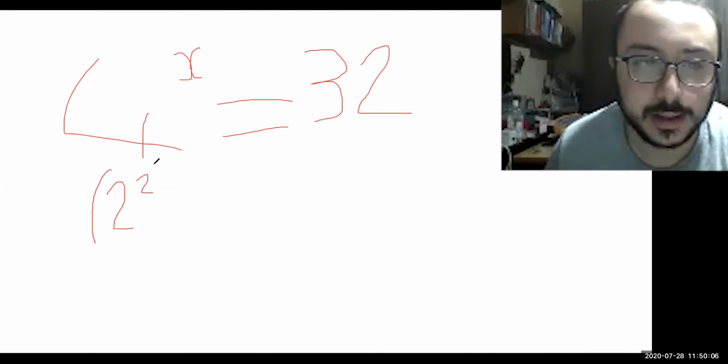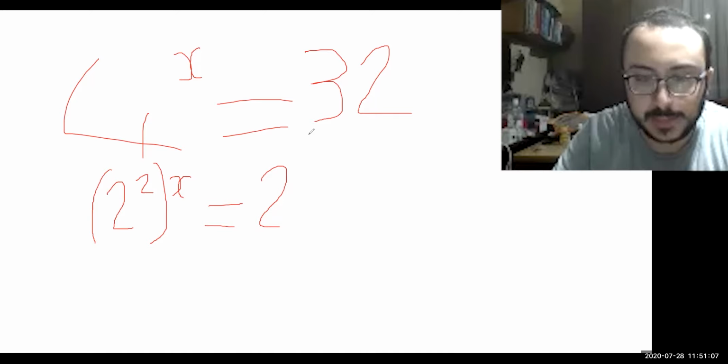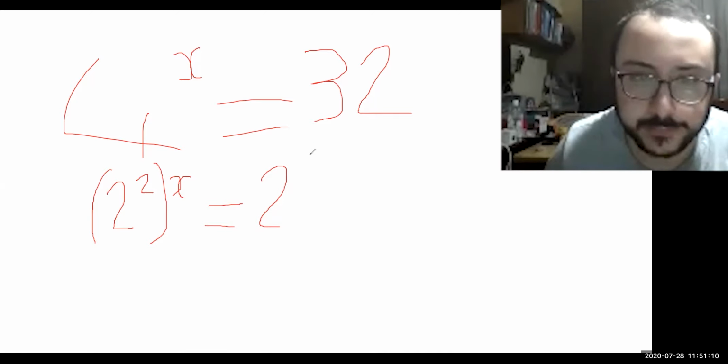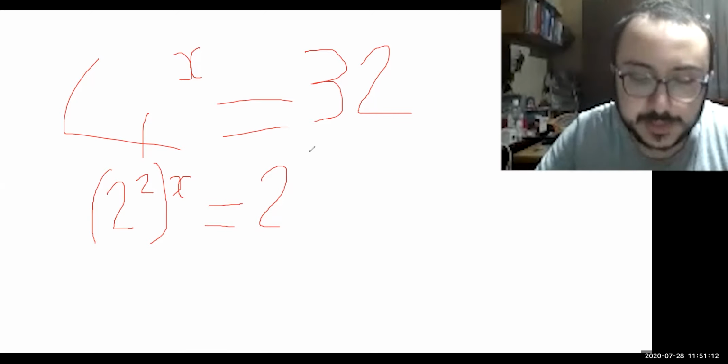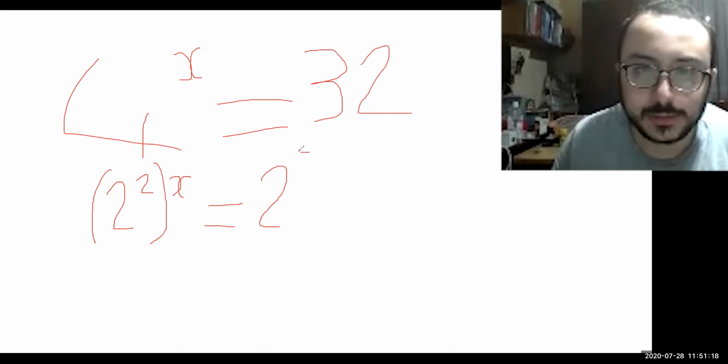So 2 power 2 power x. And 32 is 2 power 5 actually. 2 times 2 is 4, times 2, 8, times 2, 16, times 2, 32. So it's 2 power 5.